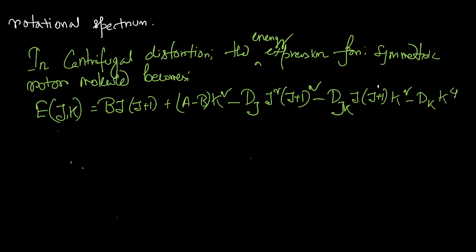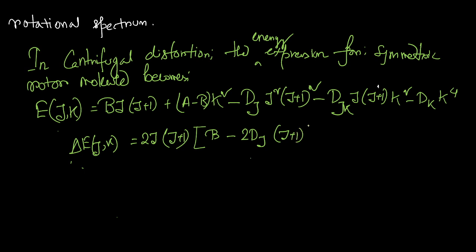Now for transition, it will become 2(J+1) times B, minus 2 DJ (J+1) cubed.